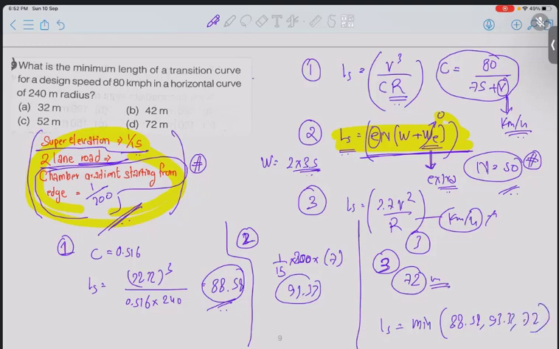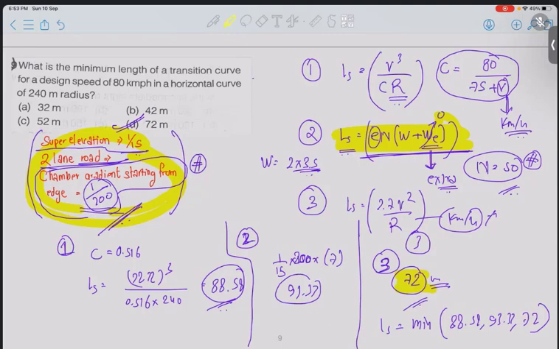Then the final answer is 72 meters. Sorry about this, I didn't pay attention when I was designing this additional part. Basically, the length of the transition curve is the minimum from all these three formulas, and the answer for this question is 72.